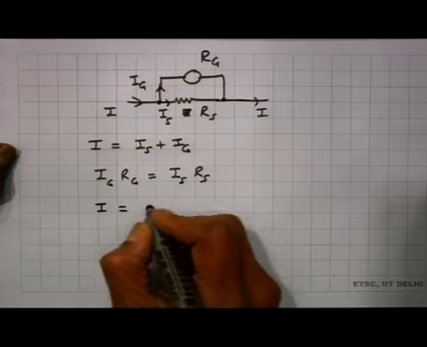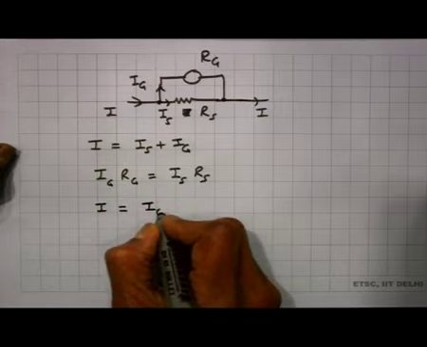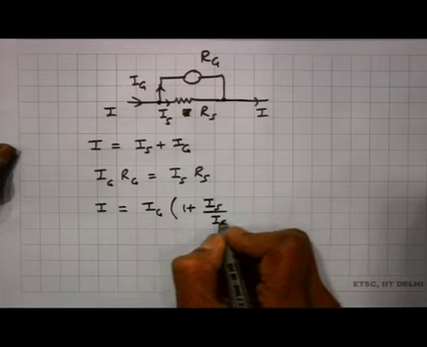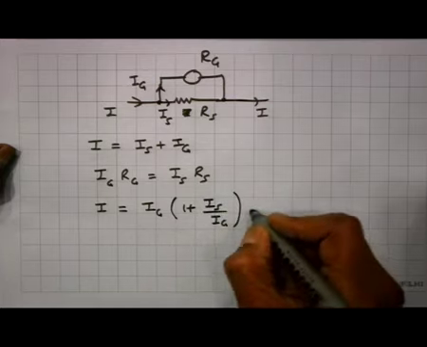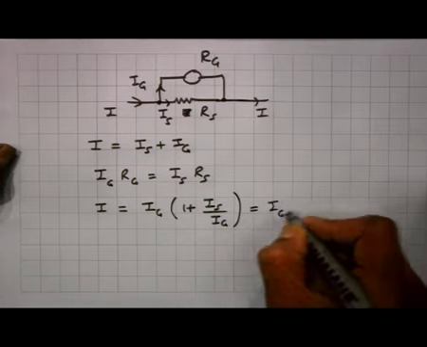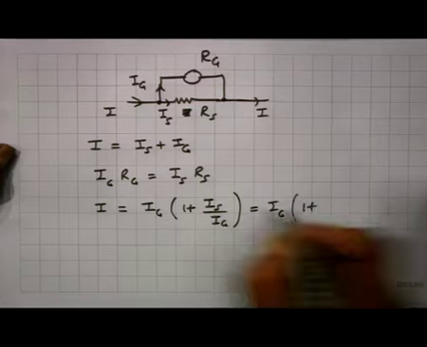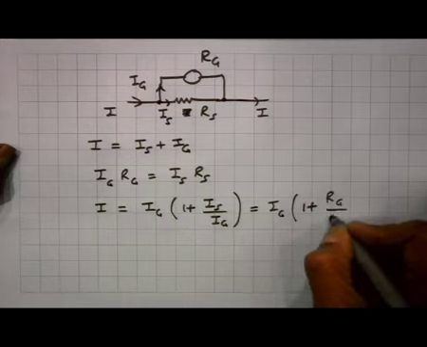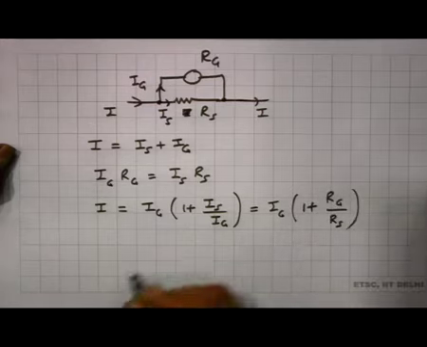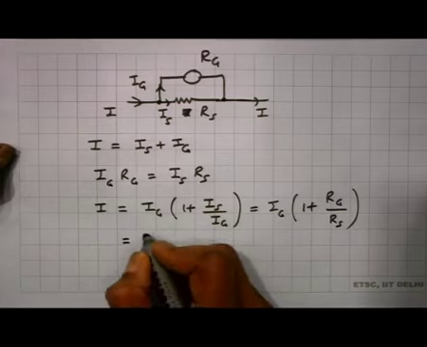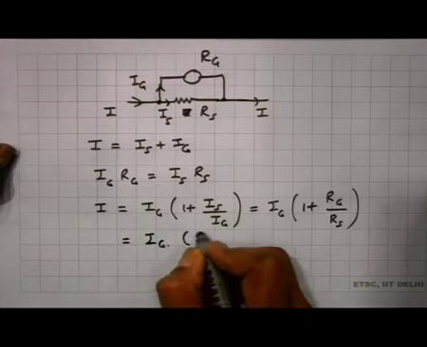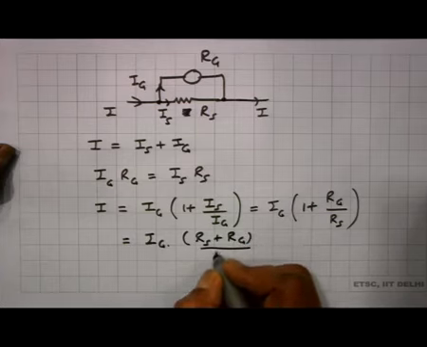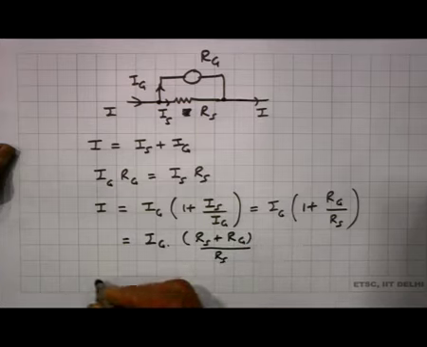So, I is equal to Ig into 1 plus Is by Ig, which is equal to Ig into 1 plus, now Is by Ig from here is Rg by Rs. So, this gives me Ig into Rs plus Rg by Rs.